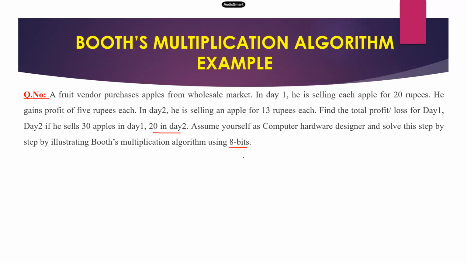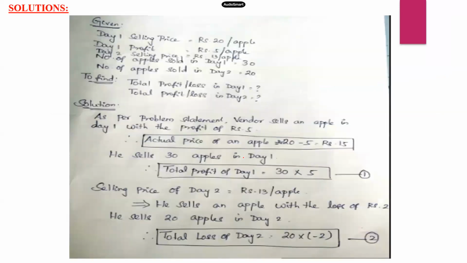So we have to get the multiplicand and the multiplier. So what is our given value? The day one selling price is 20 rupees per apple. And the day one profit is what? Rupees 5 per apple. And the day two selling price is rupees 13 per apple.